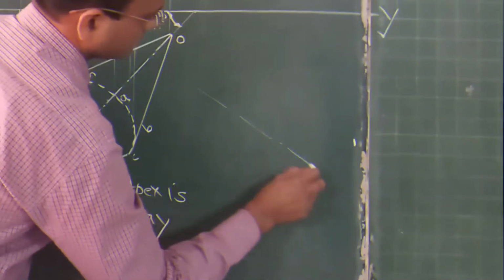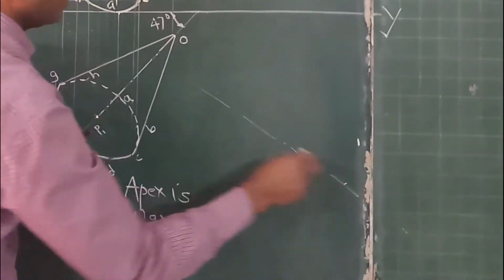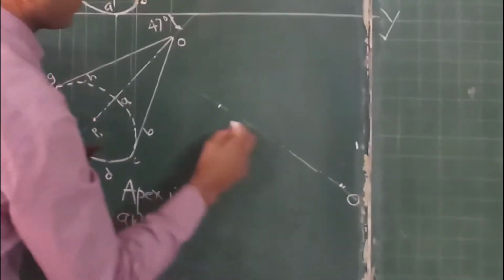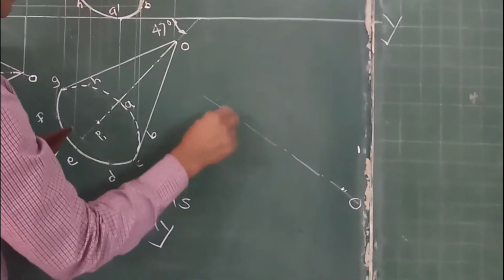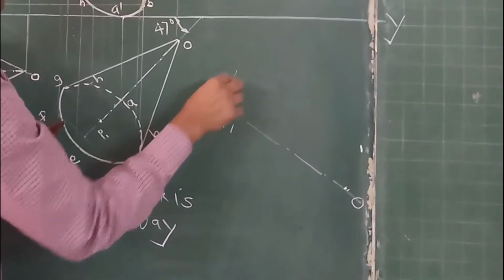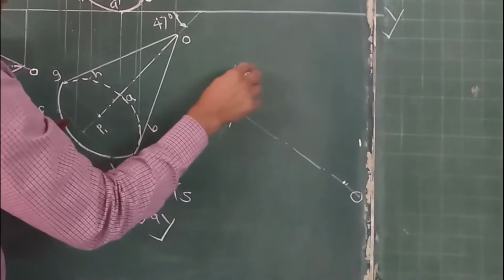So in that case, say this is point O, then this is P1, and with respect to this we can mark all the other points.